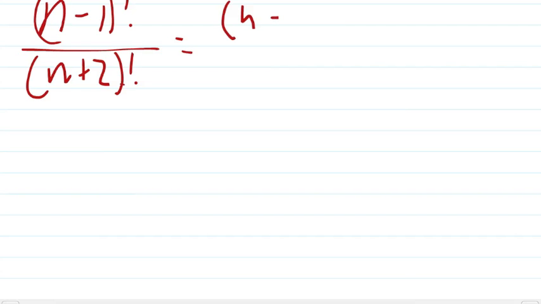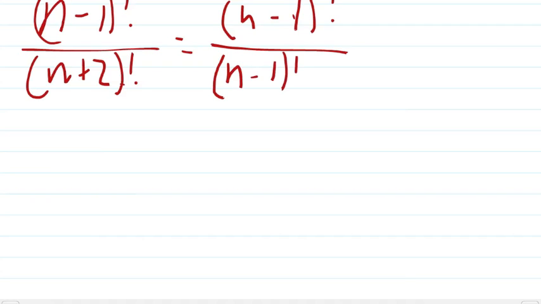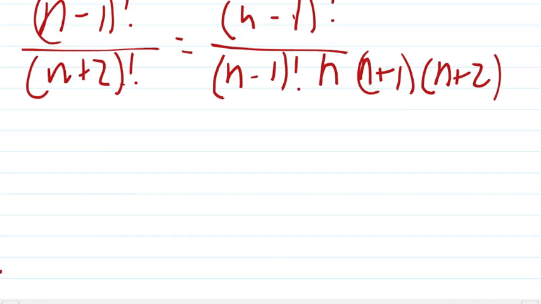So let's just leave this as n minus 1 factorial, and then let's write that as n minus 1 factorial, but I have more terms on the bottom because I have to also have n plus 1, and n plus 2.